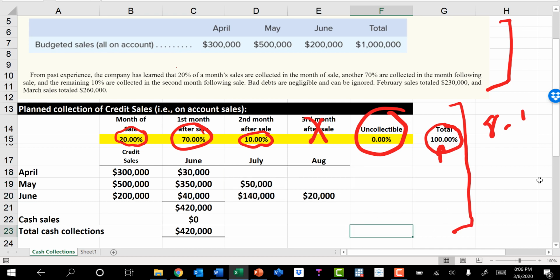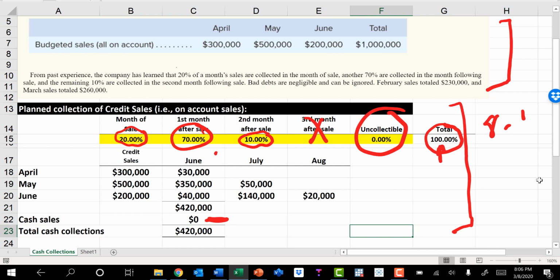Note, you do not have any cash sales here. Cash sales are the amount of the total sales that are collected in cash before they hit the credit sales. This is just the credit sales. Okay? Now, the other thing that we talked about is accounts receivable, and there's two ways to get there.